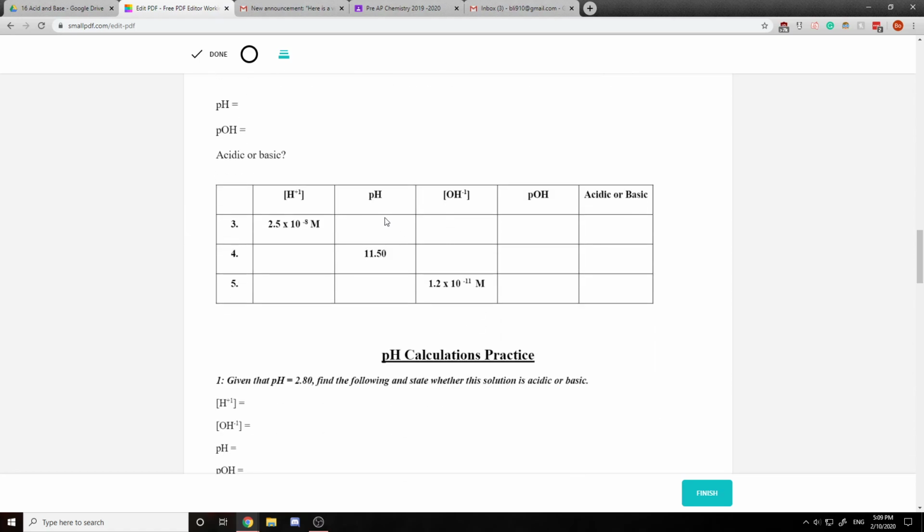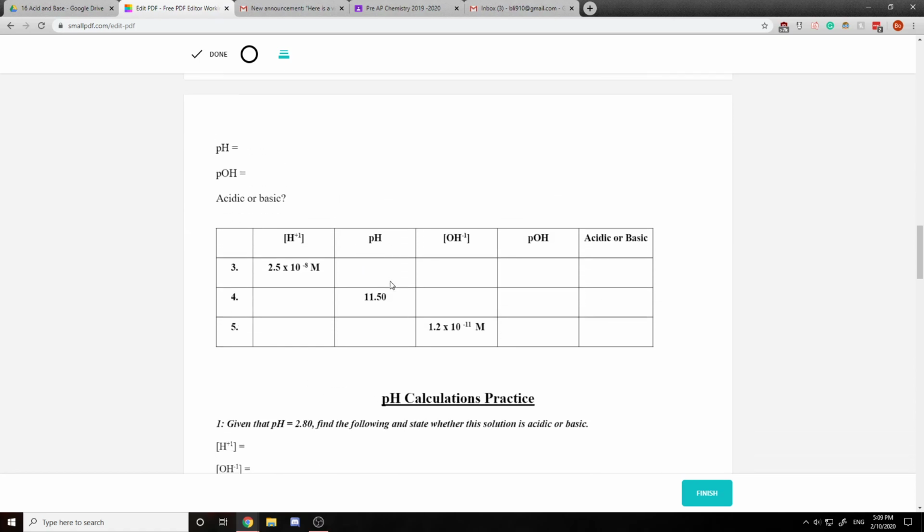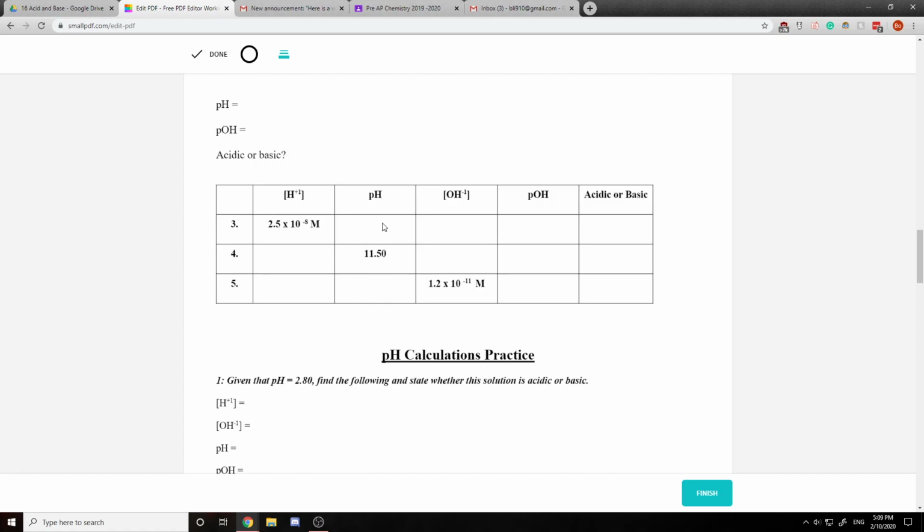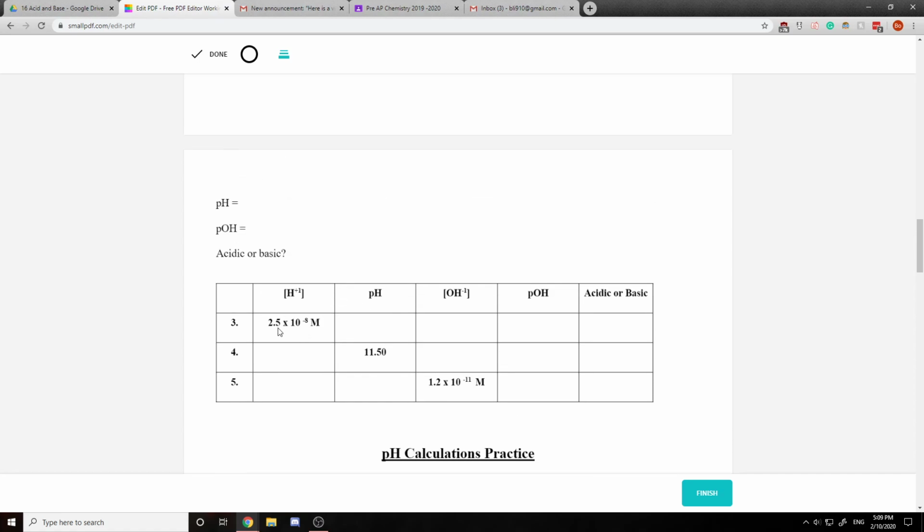Okay. When we go down to something like this table, it's essentially the same way, but in table format. Right? If you're given H plus, you can find pH by taking the negative log of this number of 2.5 times 10 to the negative 8.